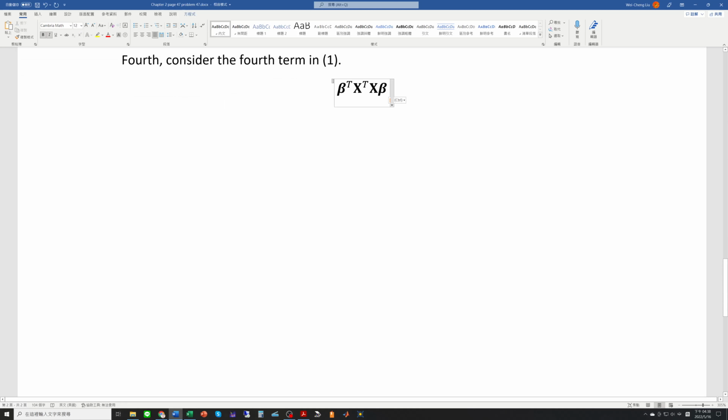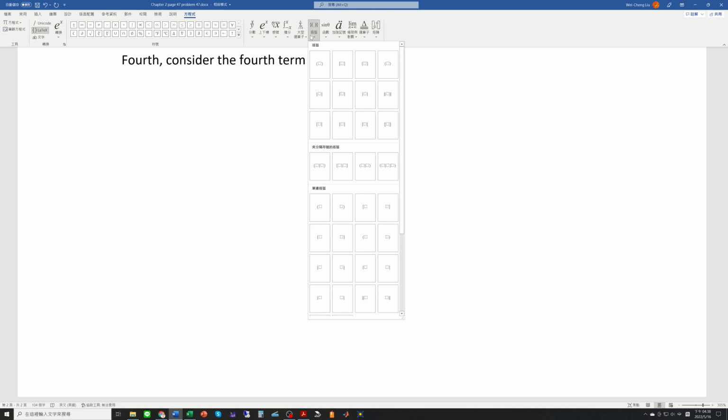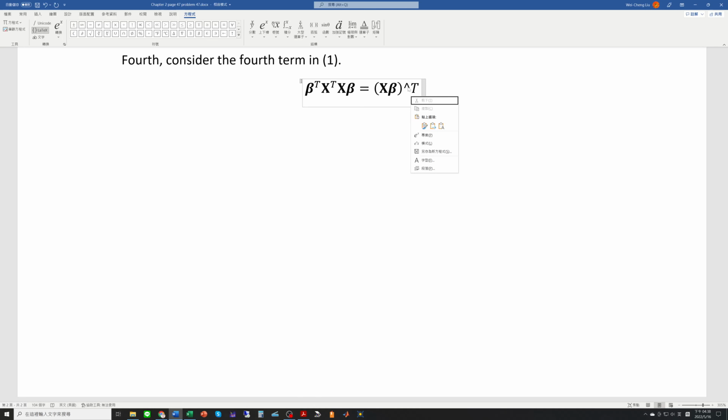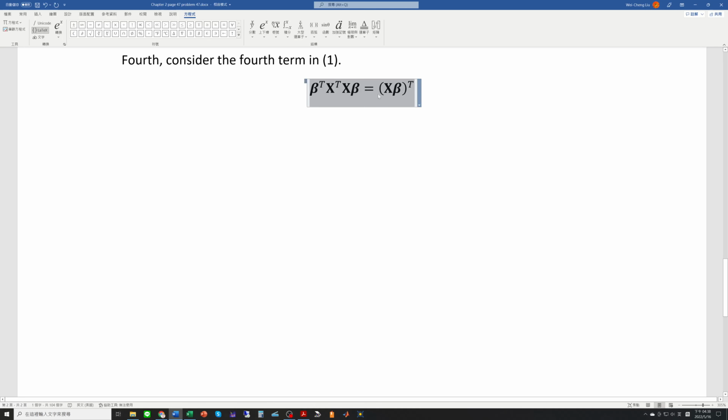So beta transpose X beta is equal to, in parenthesis, X beta, and transpose, like this, times X beta.